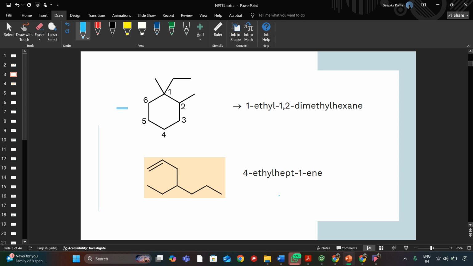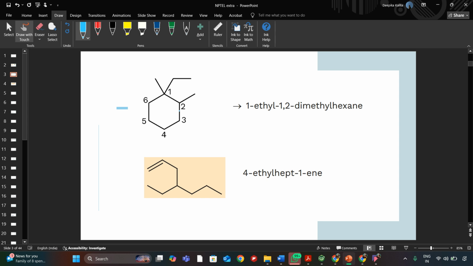Again, we have a set of molecules where we are going to discuss the IUPAC nomenclature. Again, this is another question from week 1. So here we have a cycle, and this cycle we are going to take as the parent chain.